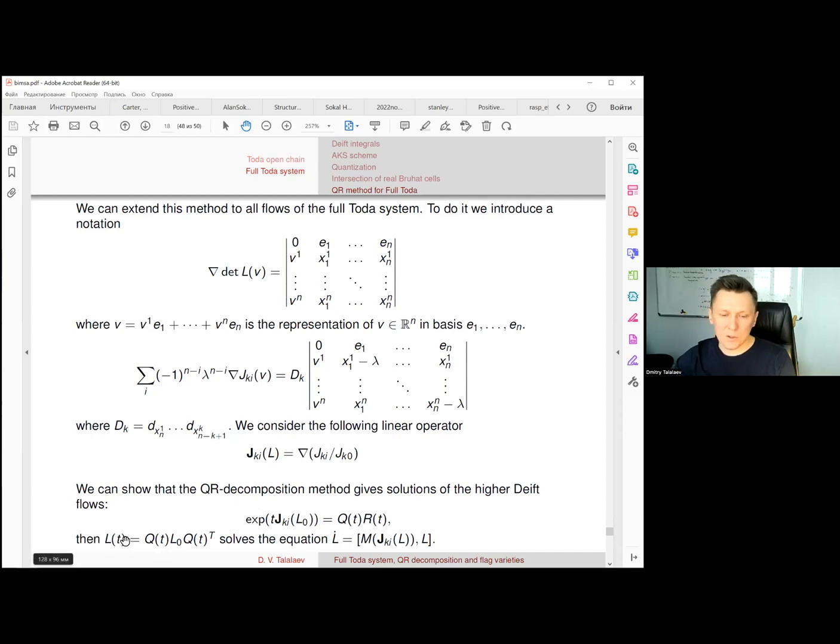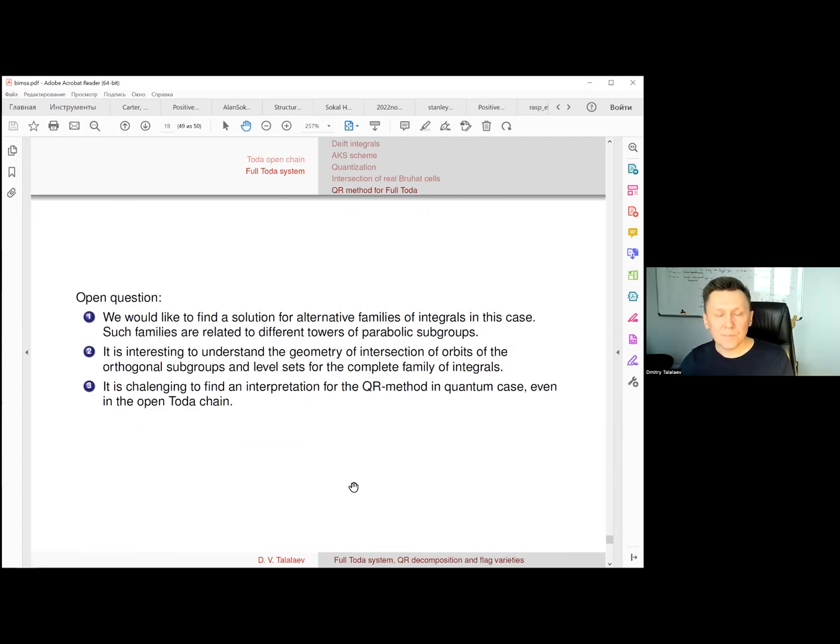And then this operator L of t, which is a conjugation of L0 by Q, solves the Hamiltonian equation of the corresponding higher Toda flow. So this is the result.